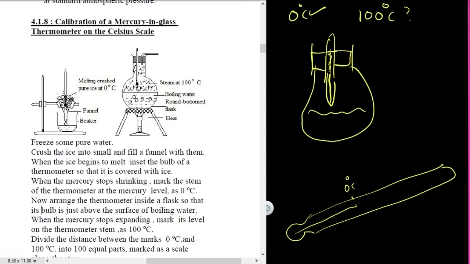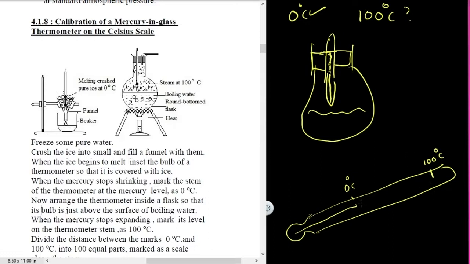Once it stops expanding, we can mark this point as 100 degrees Celsius. Now we have 0 degrees Celsius and 100 degrees Celsius.